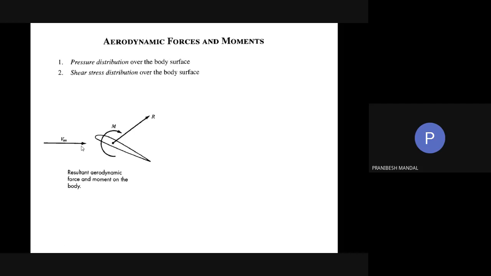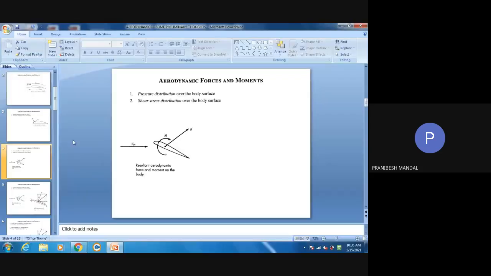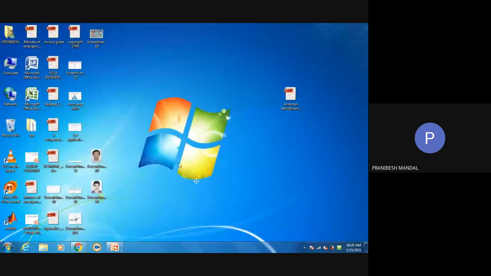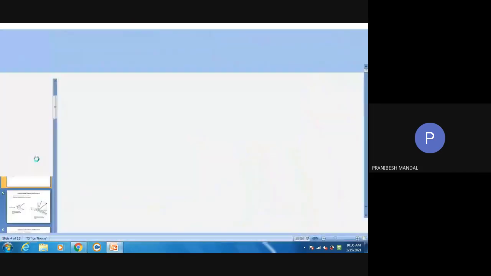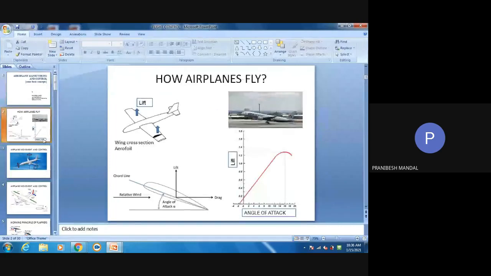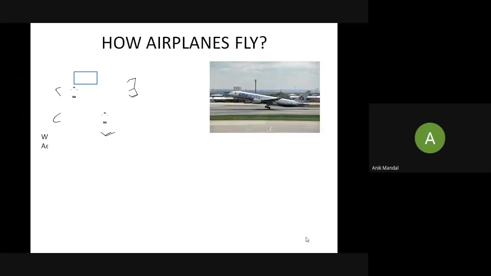Is this particular thing clear or not? And that is why there is always an angle between the aerofoil and the relative velocity. That particular angle we call the angle of attack, alpha.